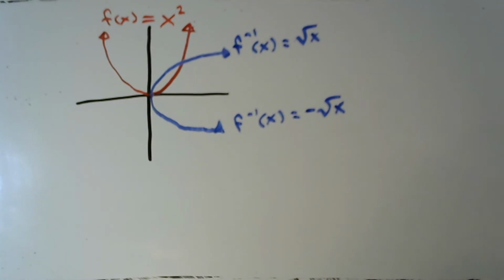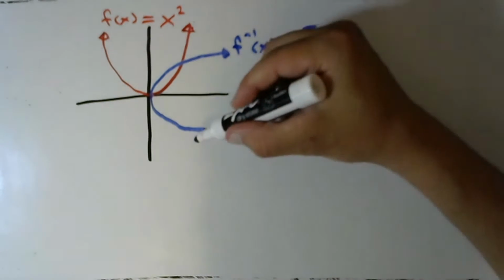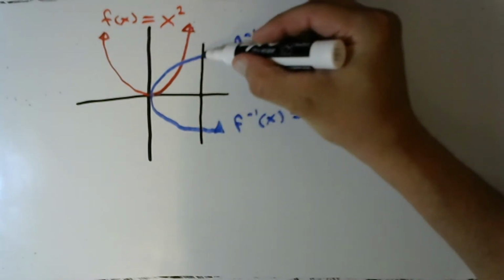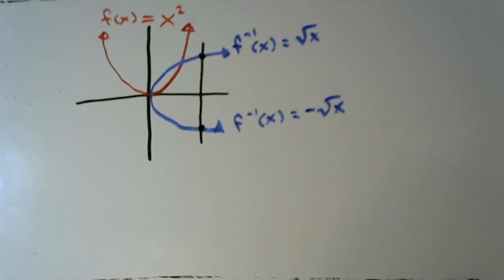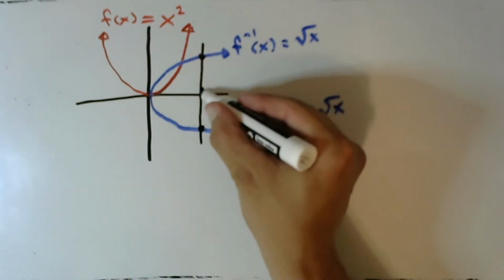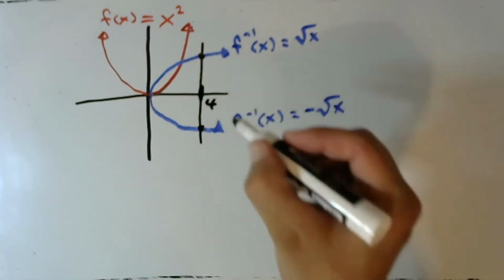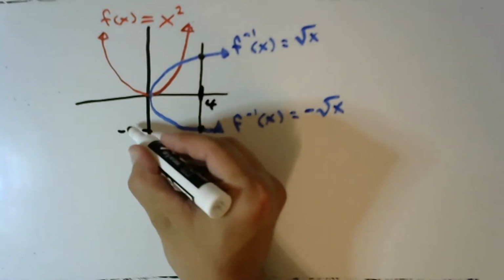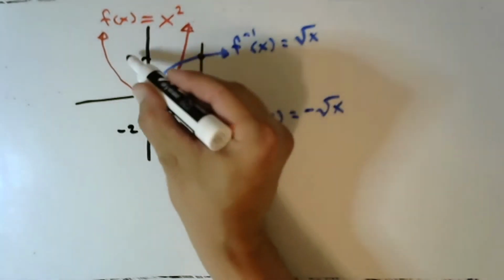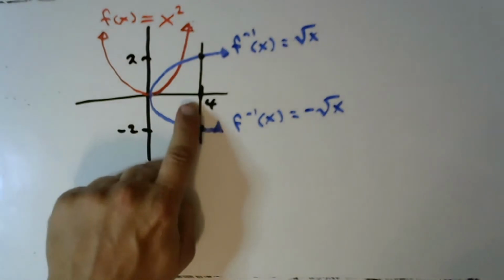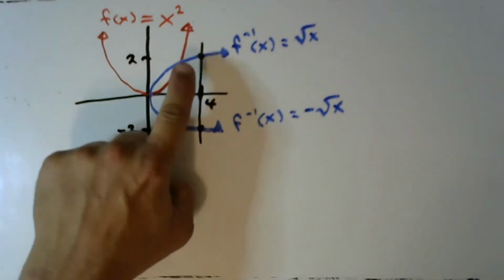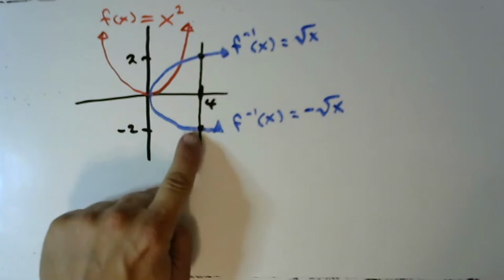The problem is this. If we use the vertical line test, this inverse fails. Say, for example, this was x equals 4, this was negative 2, and this was positive 2. So if you have an input of 4, should you go up here or should you go down here?